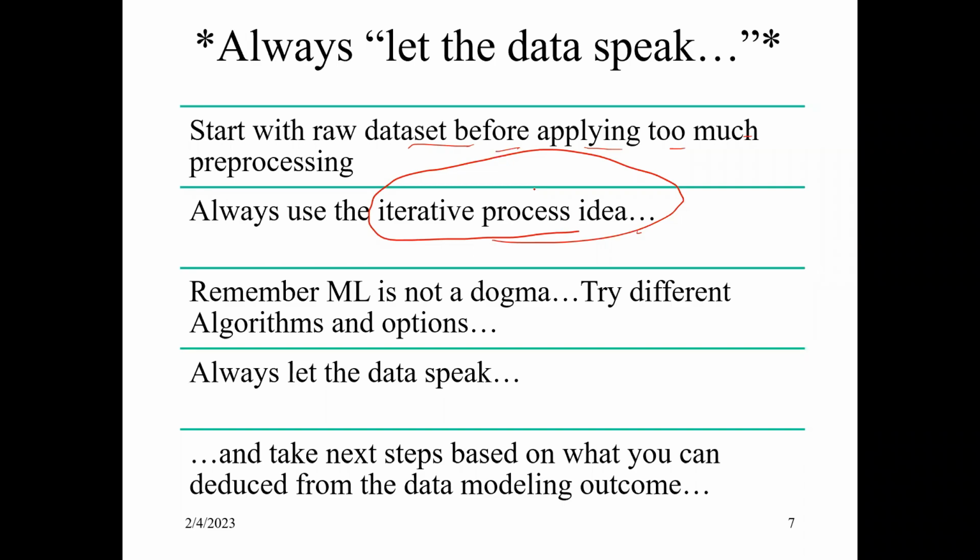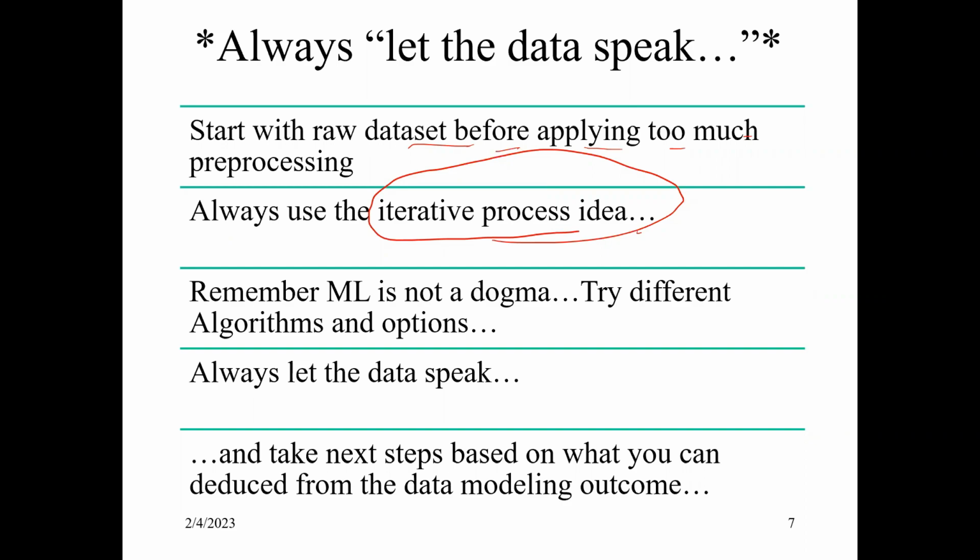You don't use ID. You need to remove some of those. These are very compulsory preprocessing steps you need to do. And a few other preprocessing steps that, if not done, will not make your modeling make any sense. You need to do them compulsorily.